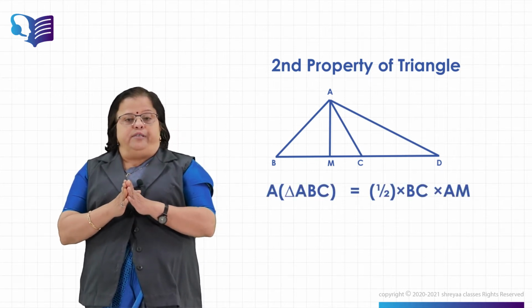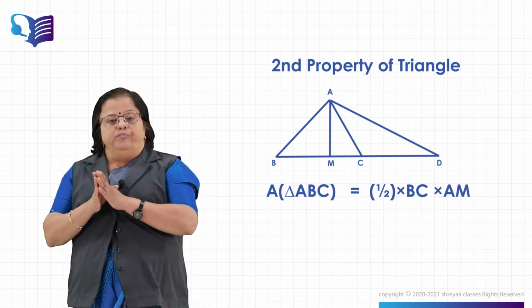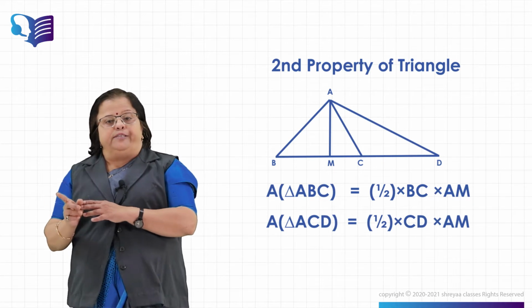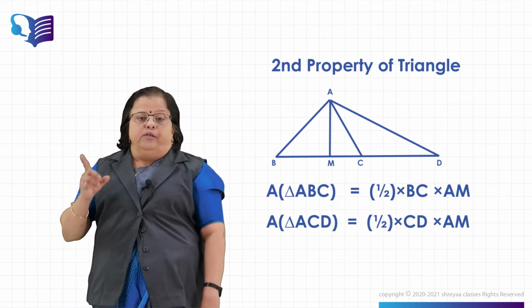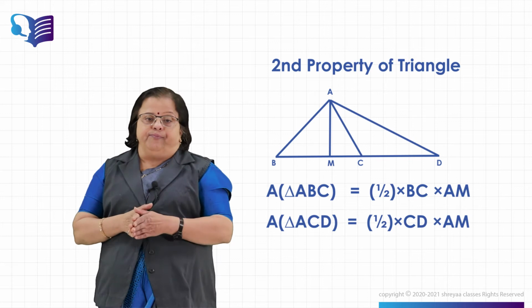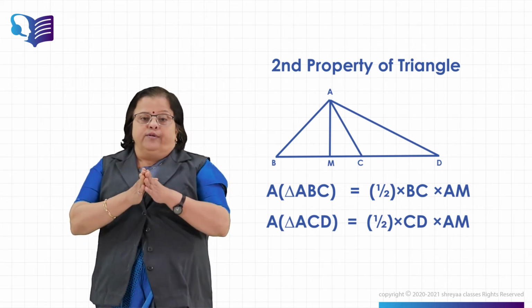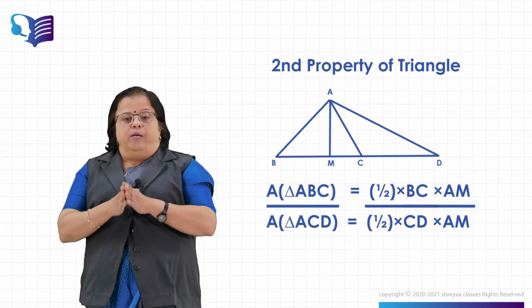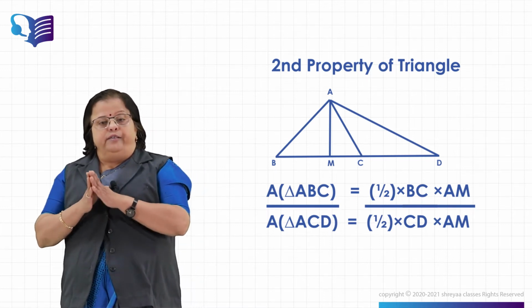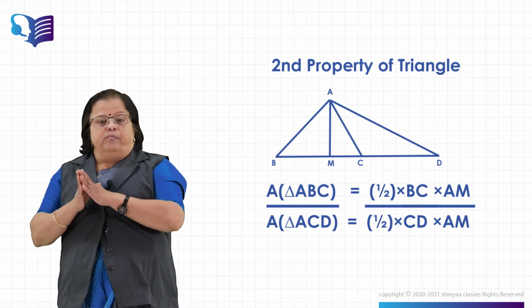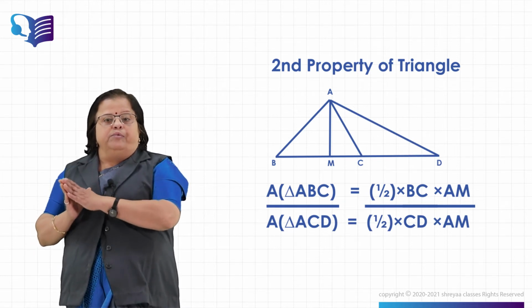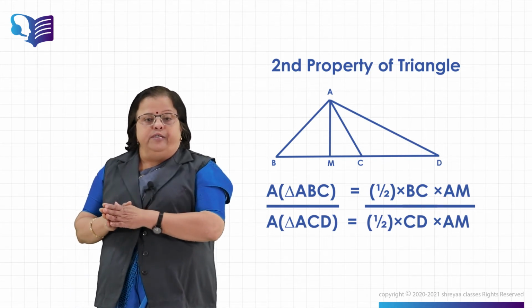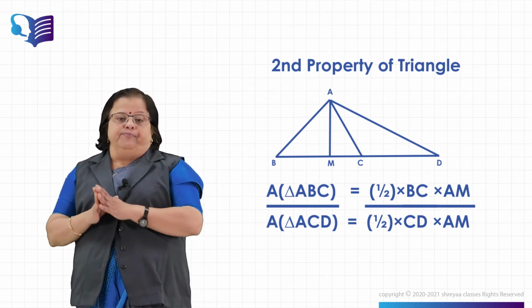Area of triangle ABC is equal to half into BC into AM, and area of triangle ACD is equal to half into CD into AM. Now take the ratio. So, area of triangle ABC upon area of triangle ACD is equal to half multiplied by BC multiplied by AM upon half multiplied by CD into AM.